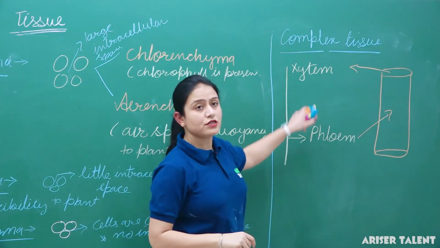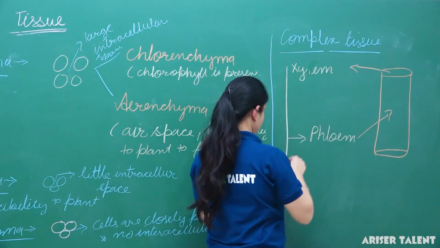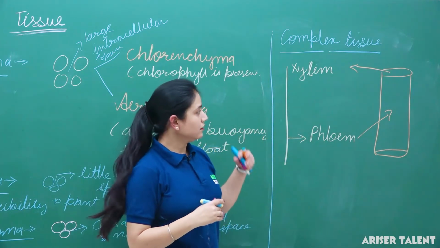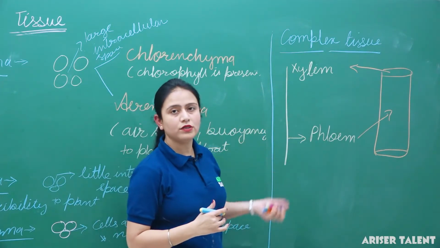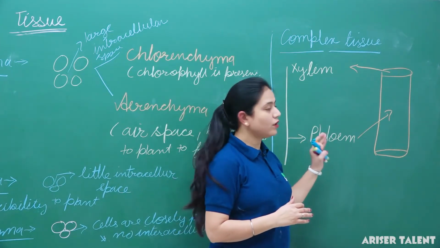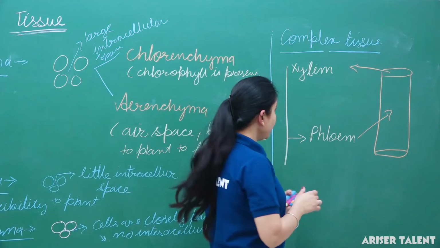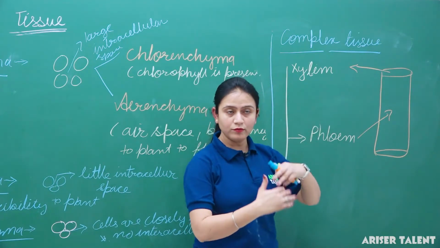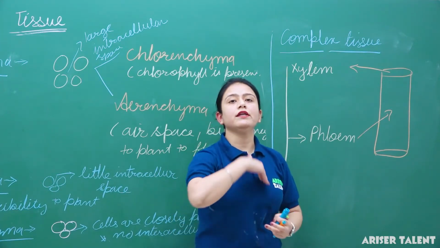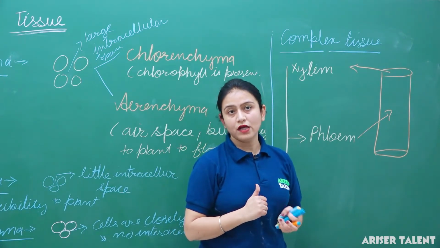So, what is the function of xylem? Xylem takes the liquid part upward to the plant parts and phloem carries the food from one part to another part. Xylem absorbs water from the roots and takes it upward to the different parts of the plant.